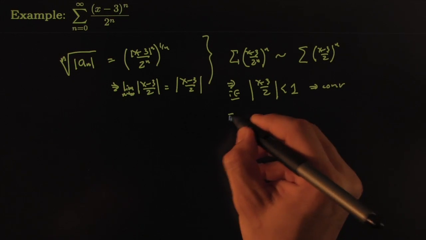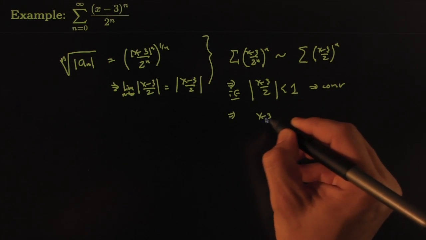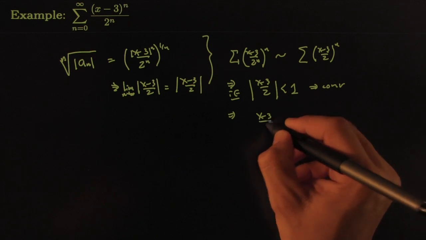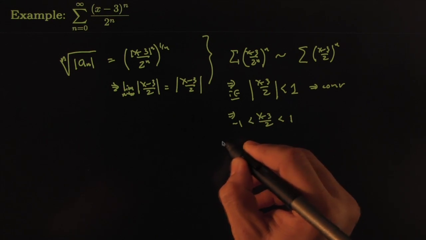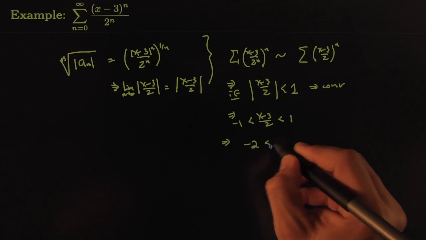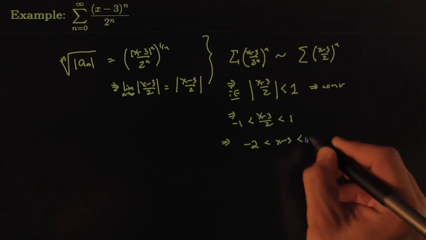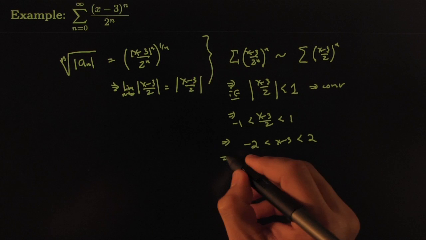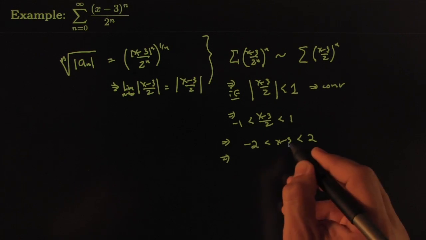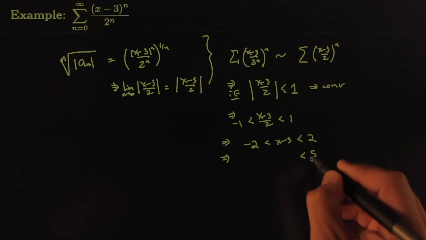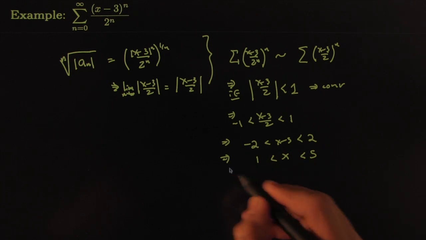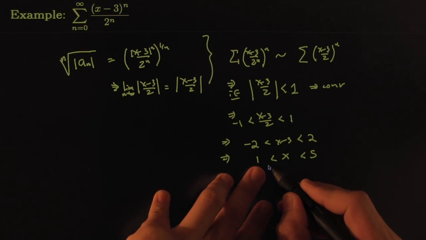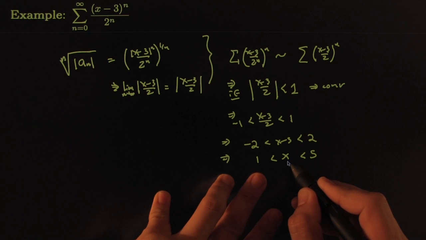So this means that we have convergence if x minus 3 over 2 is stuck between 1 and negative 1, which would mean that we have convergence if x minus 3 is stuck between 2 and negative 2, which means that we have convergence if we add 3 to everything. That would give us 5 here, and adding 3 to negative 2 would give us 1 here. That means we have convergence if x is stuck between 1 and 5.